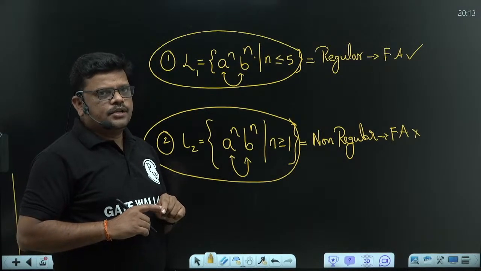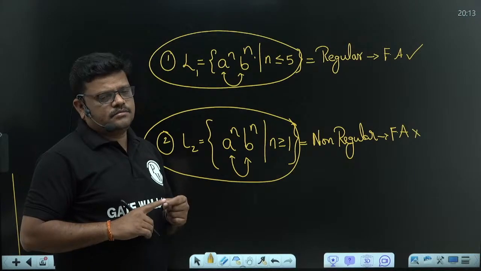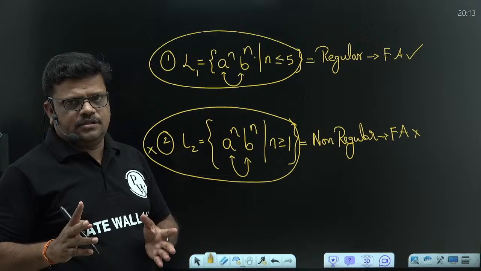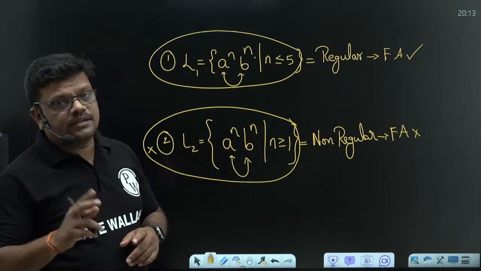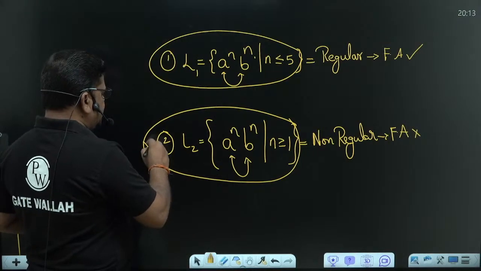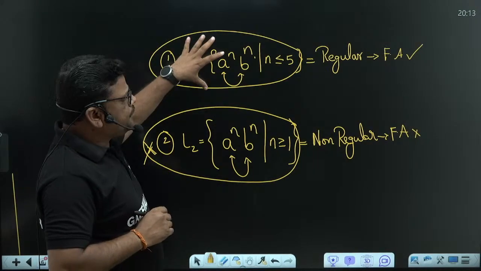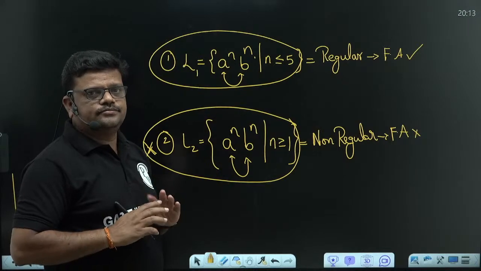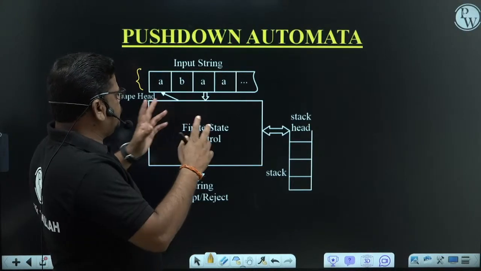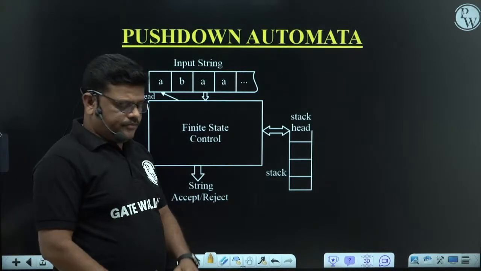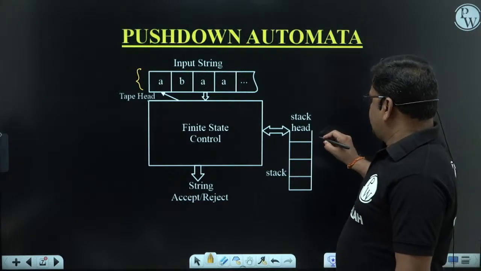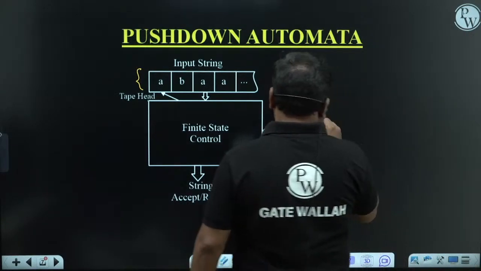So finite automata handles languages which require finite memory, and fails to accept languages that require infinite memory. Here infinite memory is required, that's why finite automata fails. Here finite memory is required, so finite automata can handle it. What that memory is and how it is handled, we will study through this example. So this is the failure of finite automata: whenever infinite memory is required, the comparison keeps going on for infinite time.